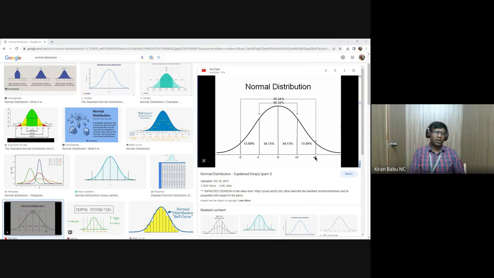So 14% on the right side and 14% on the left side. Now 14 plus 14 is 28, and 28 plus 68 becomes 96.